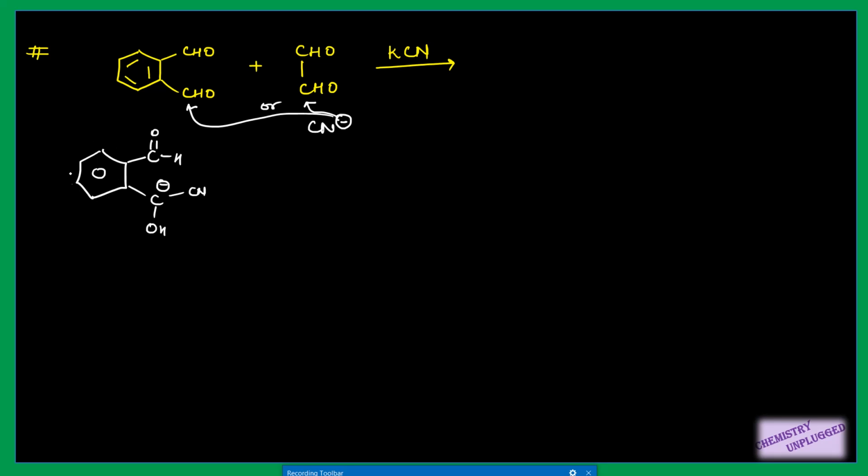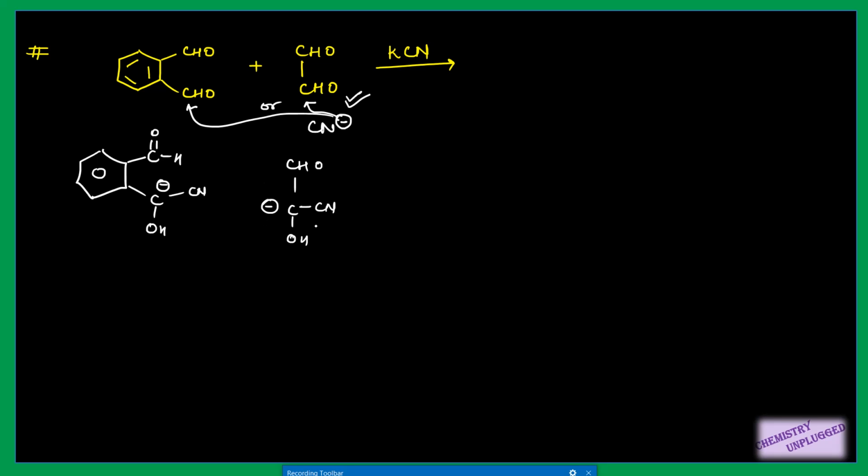It is stabilized by this benzene ring, so its electron density is somewhat decreased. But when I attack this CN minus on this glyoxal molecule, what type of carbanion will I get? I am directly writing the carbanion generated. This is the carbanion. It is more effective to act as a nucleophile, right? So we will use this step.